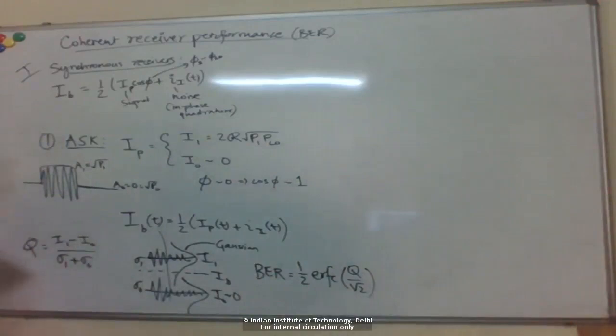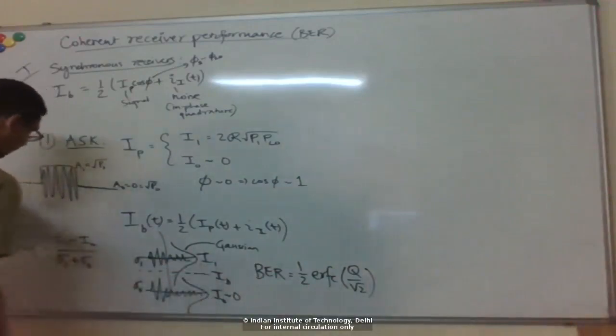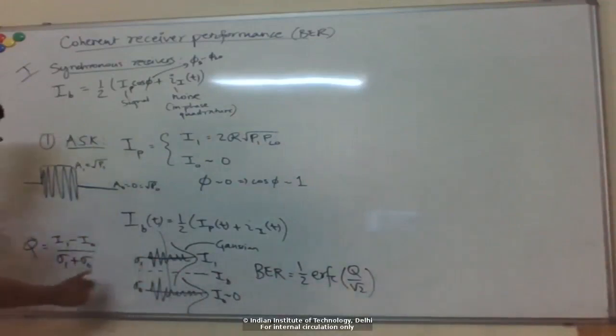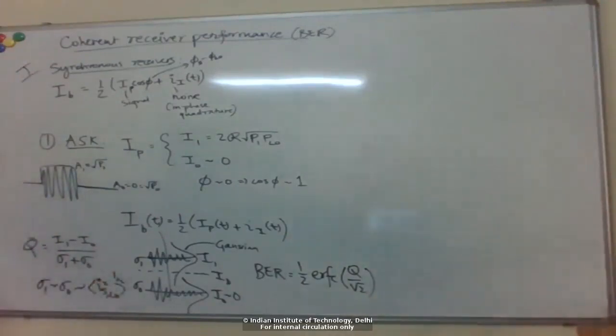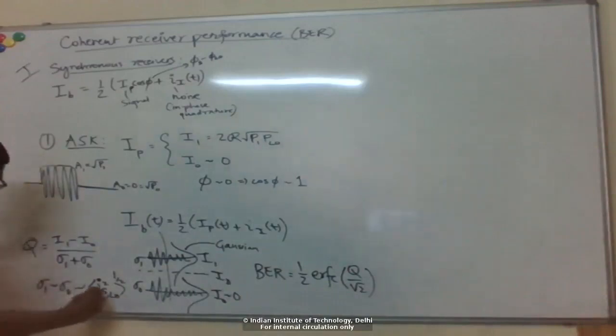Okay, and so again, if I0 is 0 here, then sigma 1 and sigma 0 are the same, which is basically the local oscillator shot noise. And you know the expression for the shot noise current, right?